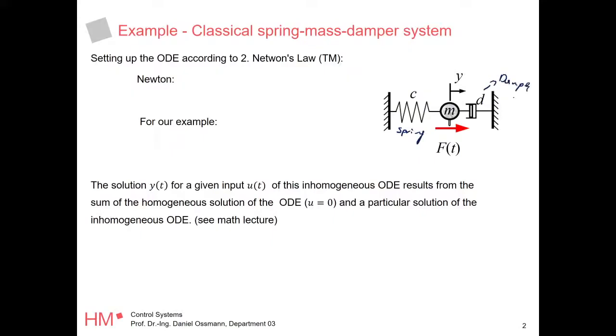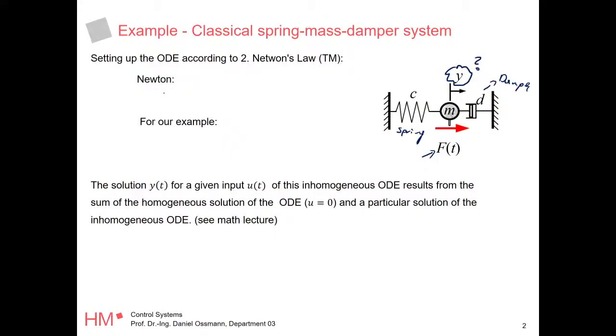I'm going to try to use this example quite often because it's so basic and easy to understand, so you don't have to worry too much about the example and can focus on the content. If we want a description of that system, note we have the force here, so we have an external force acting on the system, and what we are interested in is the position of this mass.